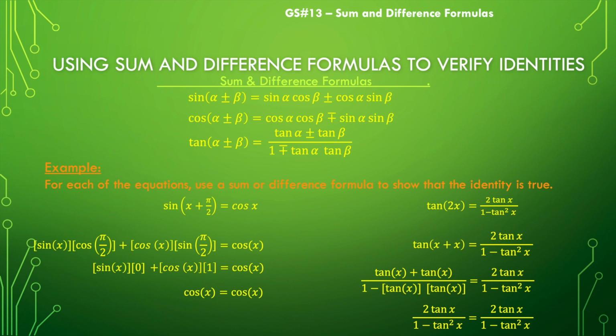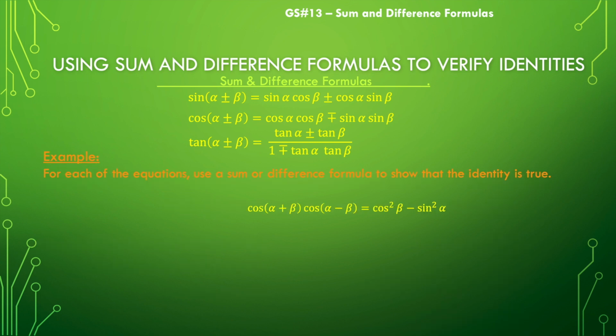All right, and then our last, I saved the best for last. The last example is a little bit ugly, and we're going to need to just be very careful with our signs and our expansions, okay? Now, I've got a product of the cosine of a sum times the cosine of a difference.